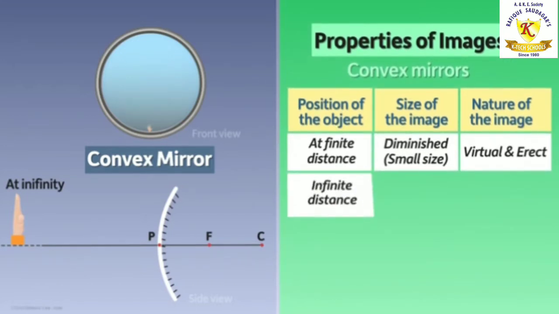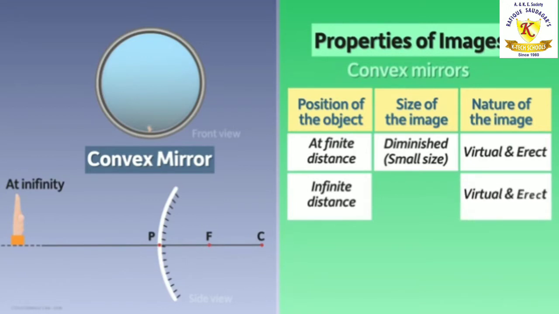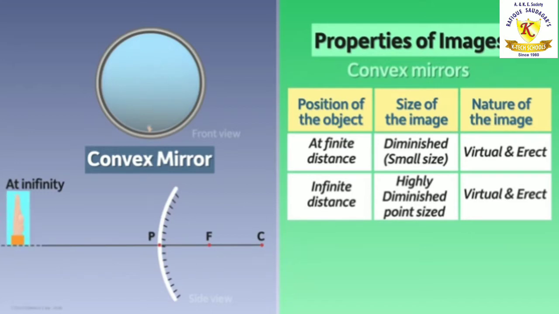So, when the object is placed at infinity, the image formed is virtual and erect, point-sized and highly diminished. Note this: even though the object is placed at infinity, the image is not at infinity.